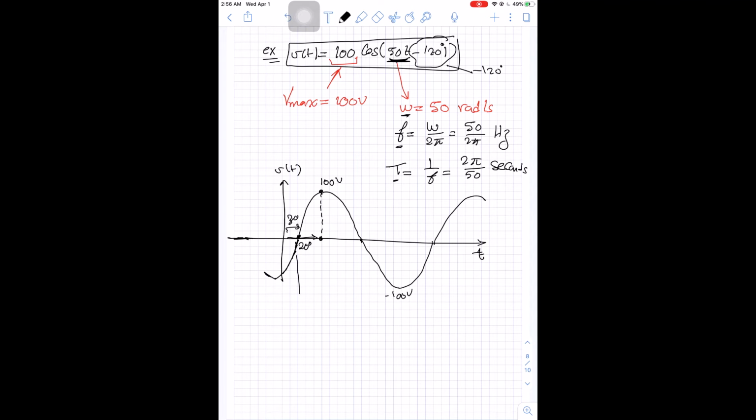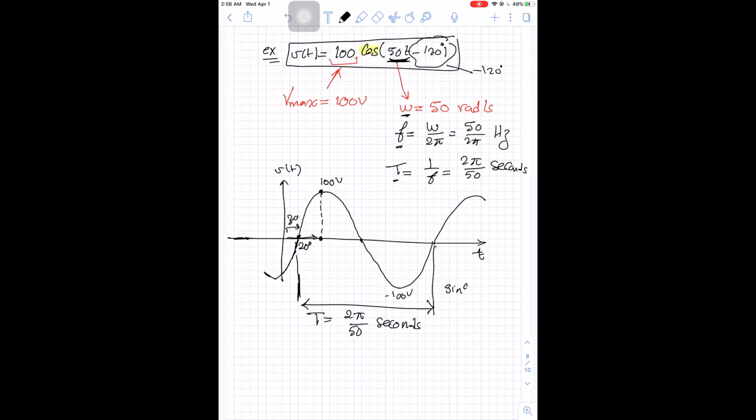Now if we take the time from here to complete one cycle, this time T will equal 2 pi over 50 seconds. Also, instead of writing this equation as a cos wave, we can write the same equation as a sine wave. How will we write this equation as a sine wave?